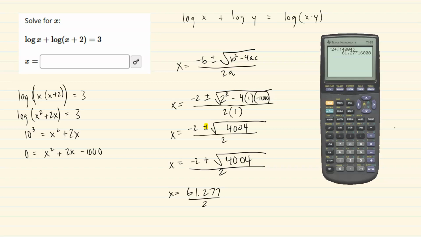Then we're going to divide that by 2, and that gives us approximately 30.639.